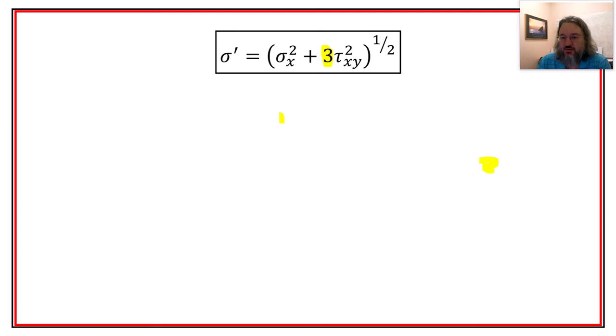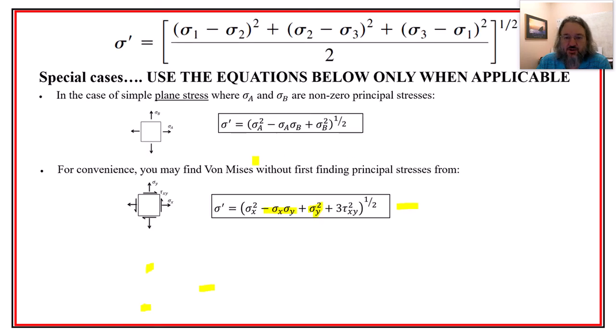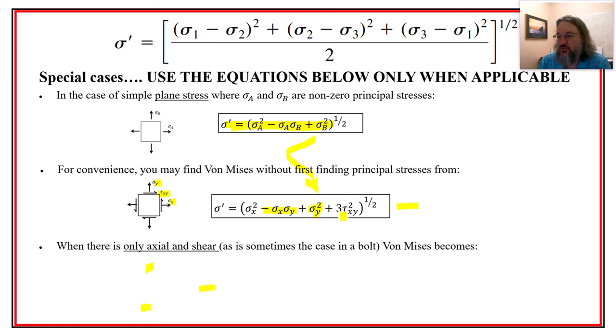It comes from coming backwards through the process of replacing the principal stresses with the principal stress equations, so that we could just start out with sigma x, sigma y, and tau xy. If we just want to start with those and not go through the process of doing Mohr's circle and finding principal stresses, someone's done the algebra for you, and that 3 falls out, right?